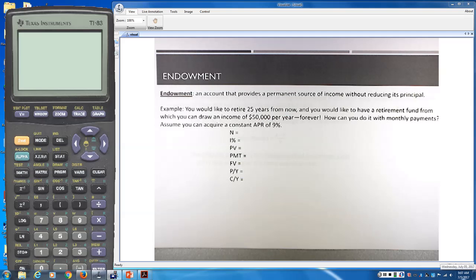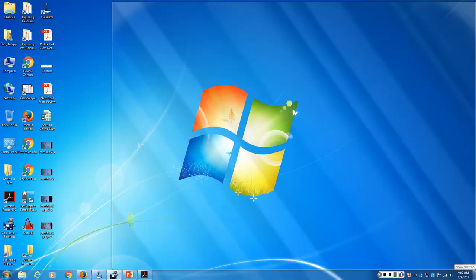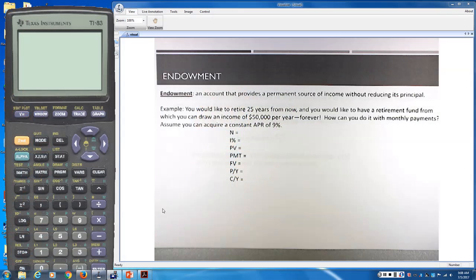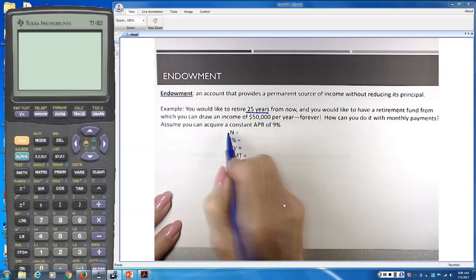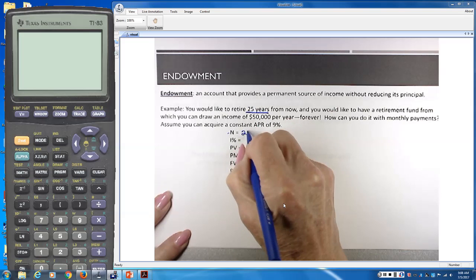The question is, how much money do I need to put in right now? Or how much money a month do I need to put in? This is the way that we're going to set it up. You're going to use only the interest. 25 years from now figures into N. That's 25 years.